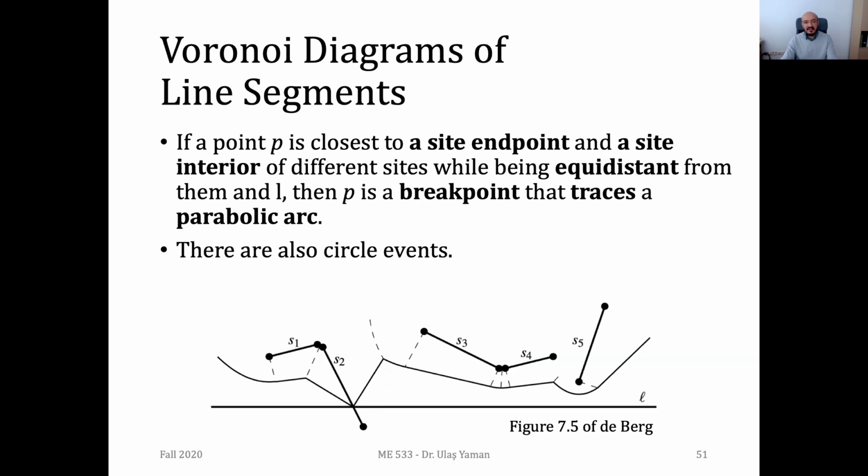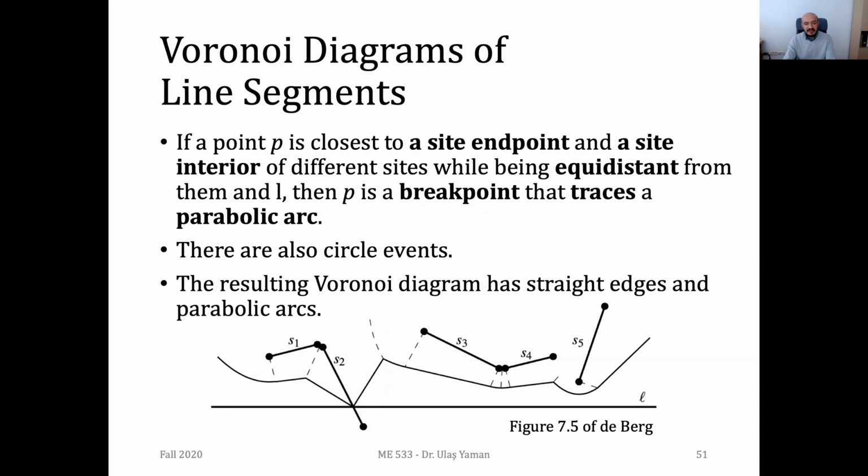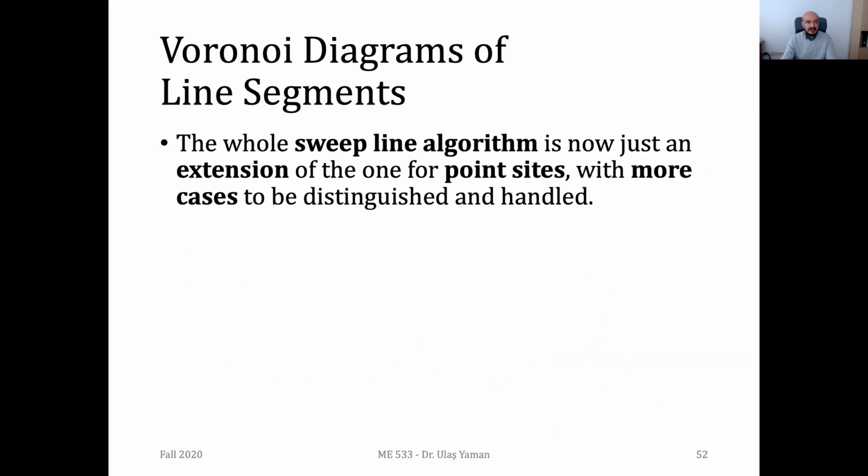And obviously, as in the case of simple point sites, we have circle events in the line segments, and it's very similar. Again, if an arc is separating, then that means you are going to have a vertex in your Voronoi diagram, and the fundamentals are very similar to the Voronoi diagrams where we only have points as sites. So as you see, the algorithm is very similar.